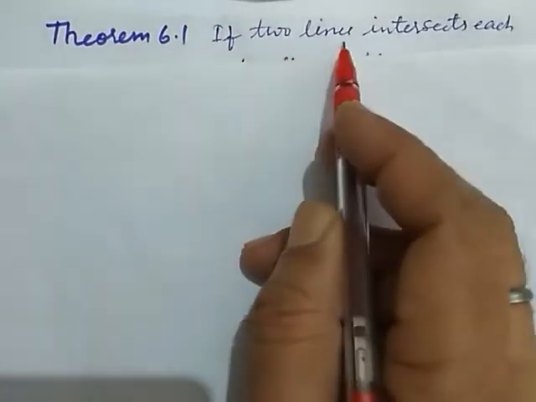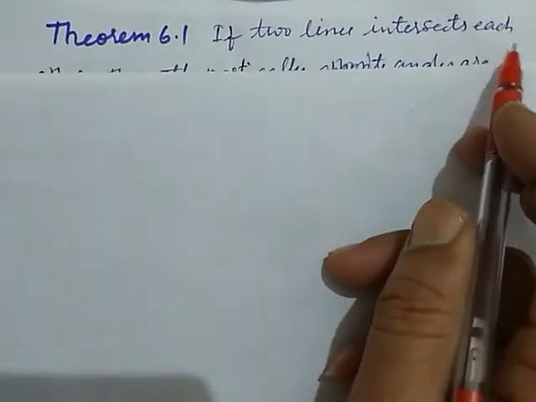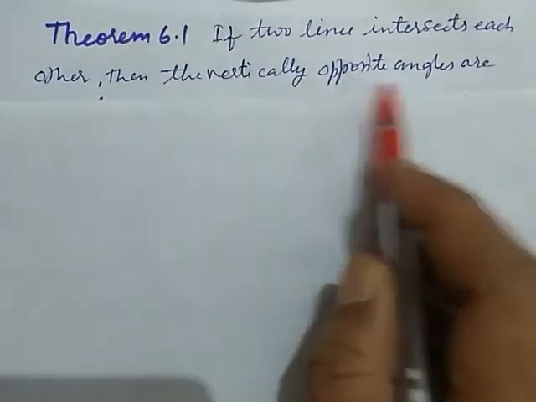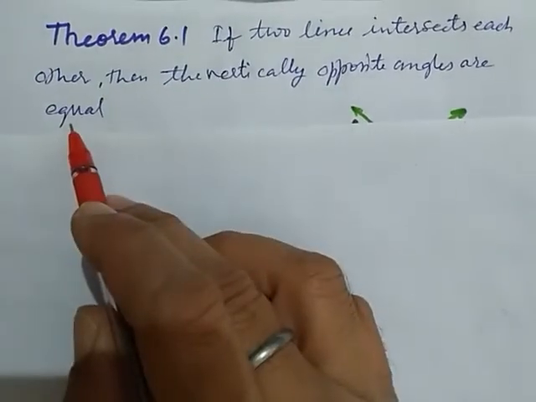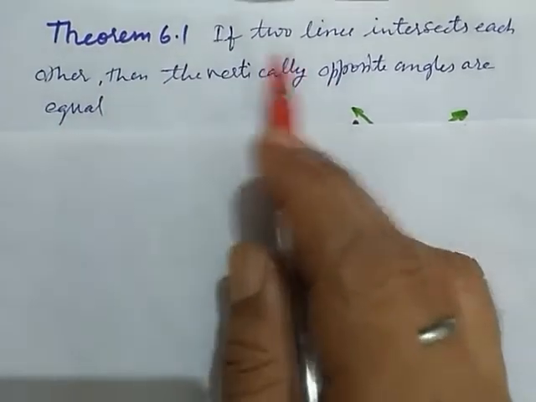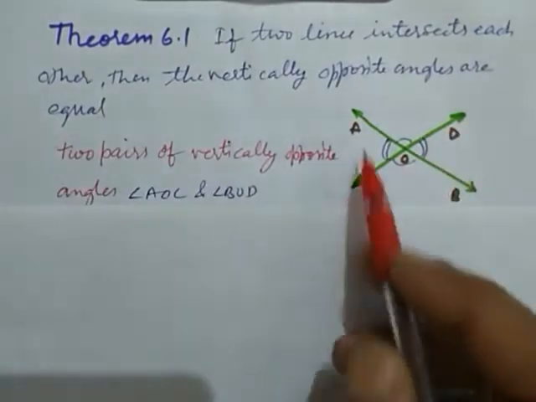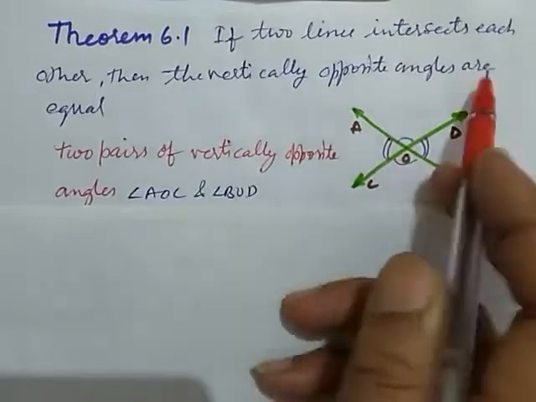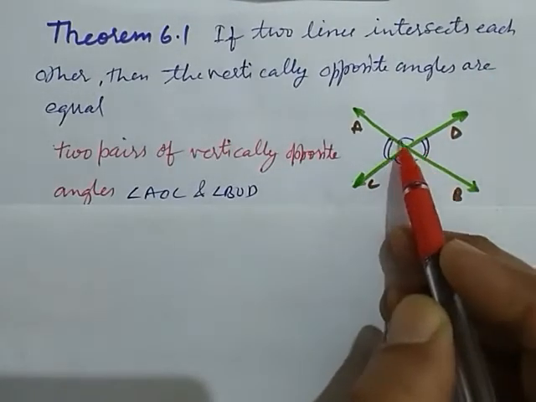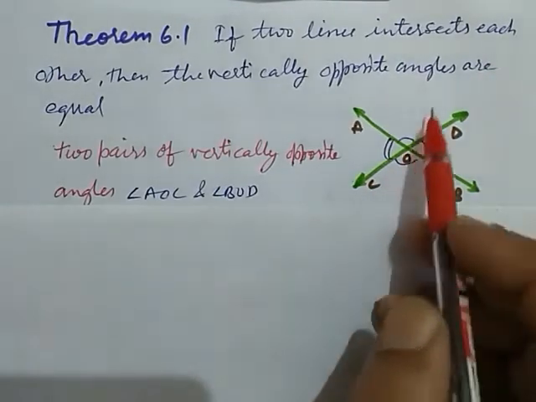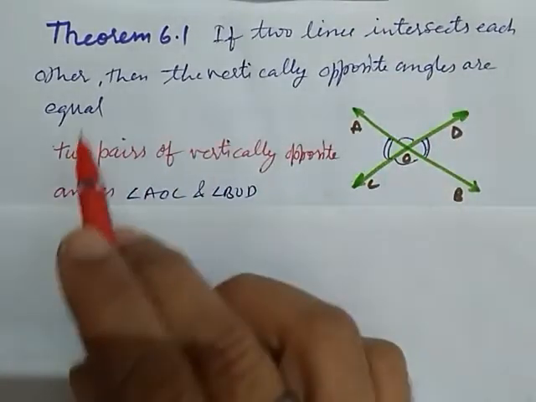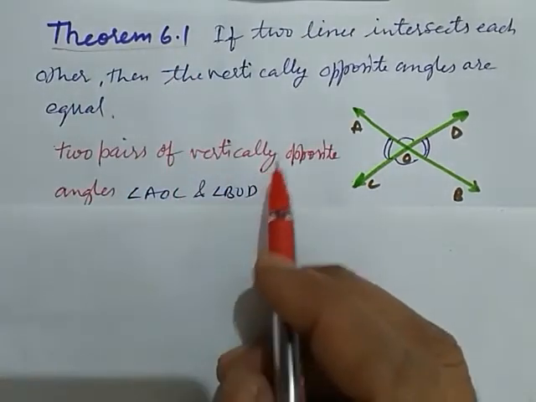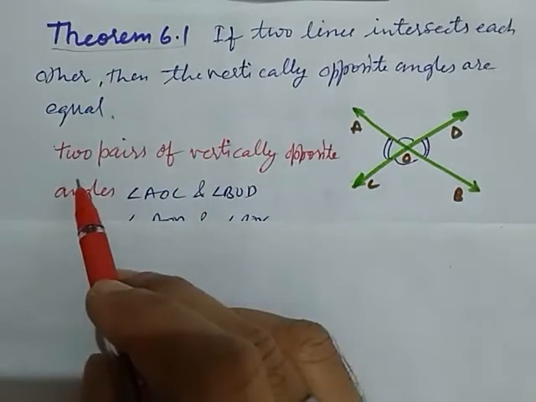If two lines intersect each other, then the vertically opposite angles are equal. What is the theorem? If two lines intersect each other, as here, then the vertically opposite angles, this and this are vertically opposite, and this and this are vertically opposite. So the vertically opposite angles are equal. This is our theorem. So learn this well and use it where required.